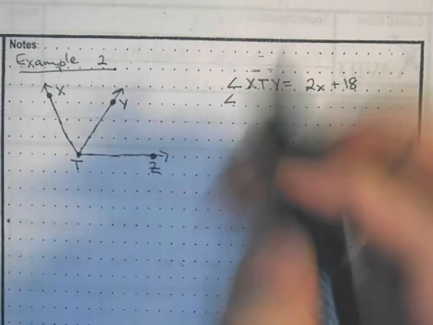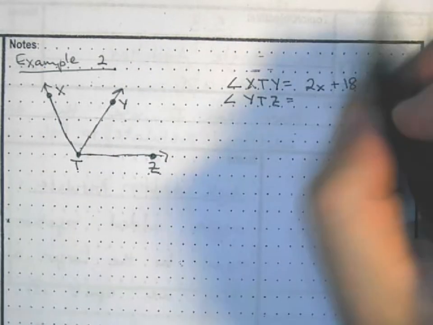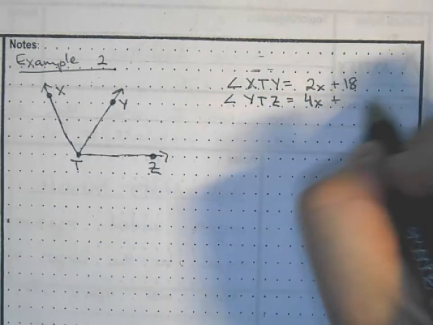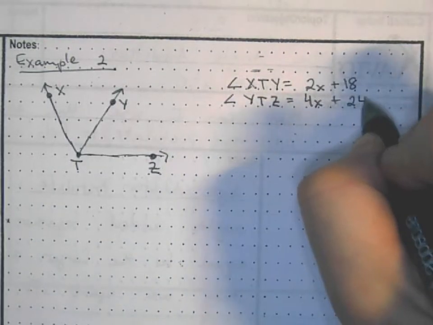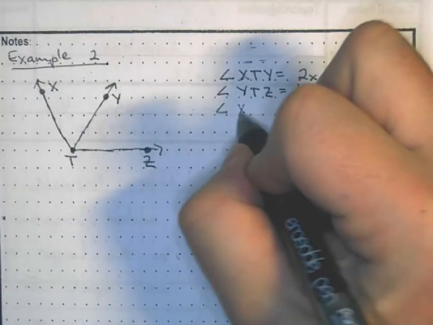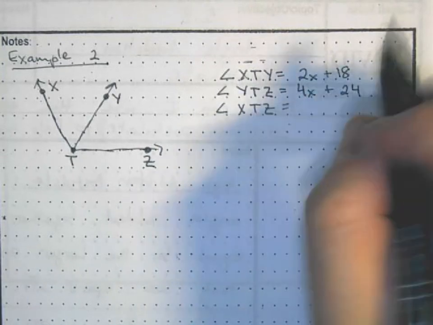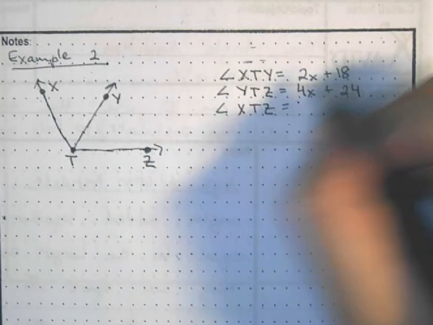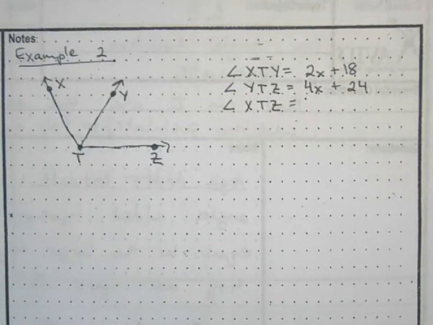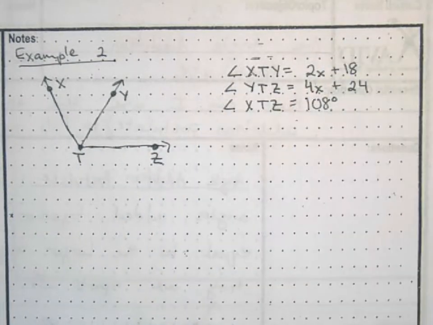Angle YTZ equals 4x plus 24. And angle XTZ, the whole, equals 108 degrees.